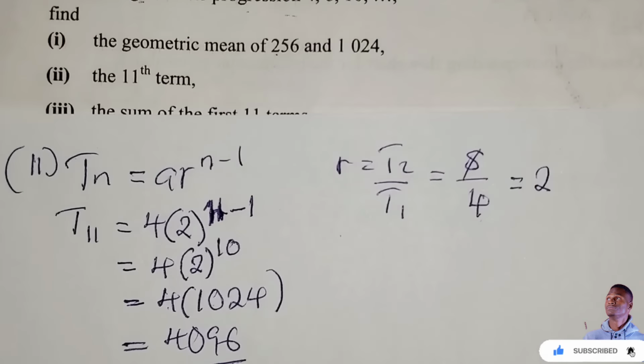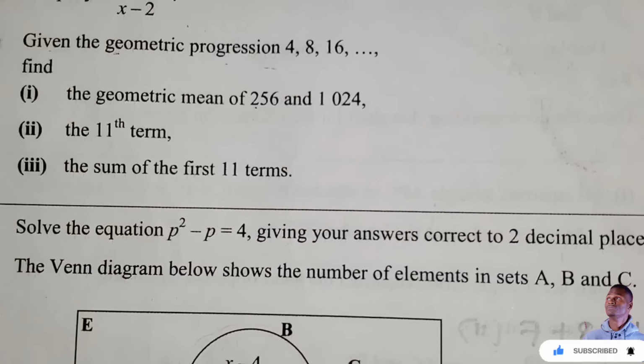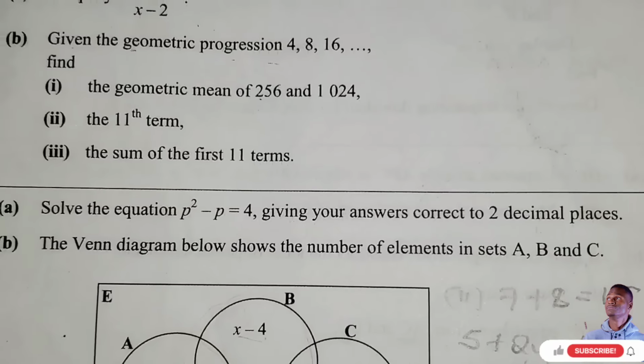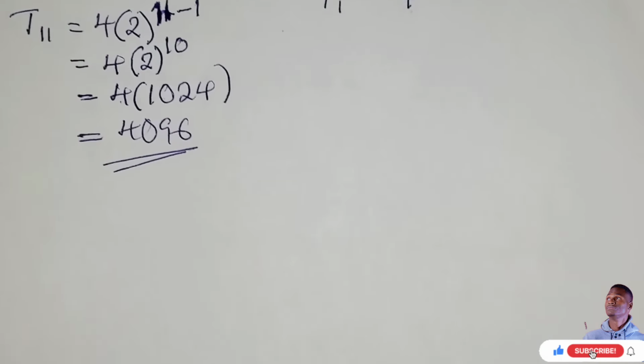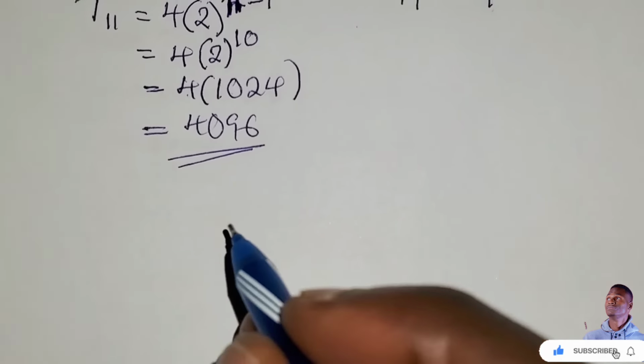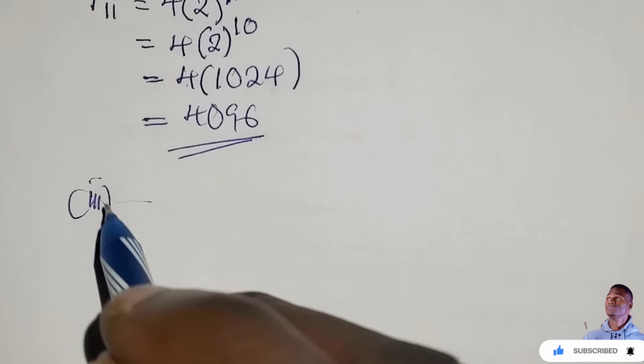Okay, so we are done with this question. Let's go to the last question. Last question, we're asked to find the sum of the first 11 terms. So finding the sum of the first 11 terms, this is number 3.